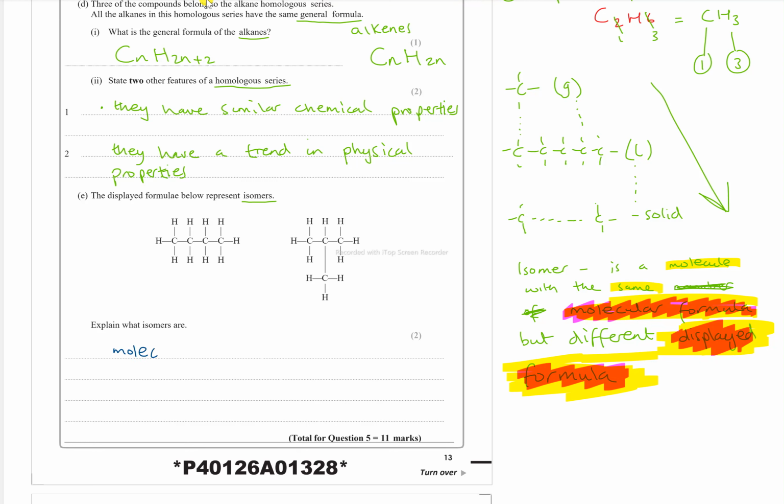Molecules with the same molecular formula but different structural formula.